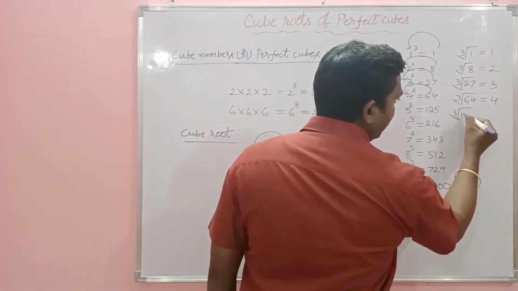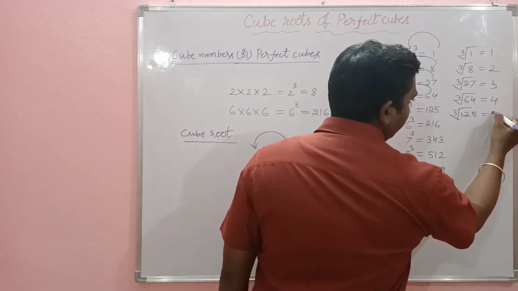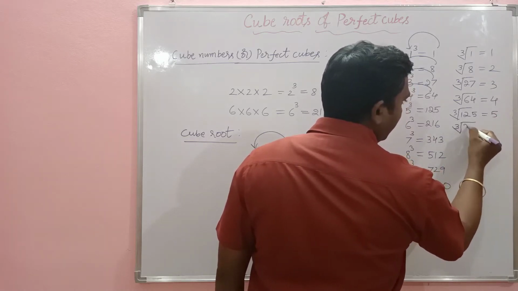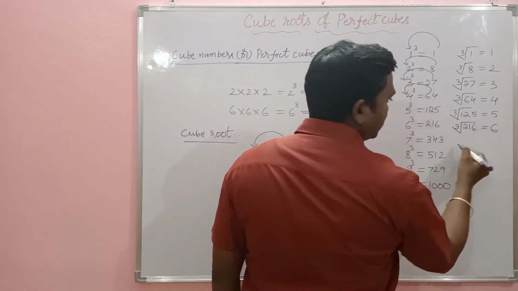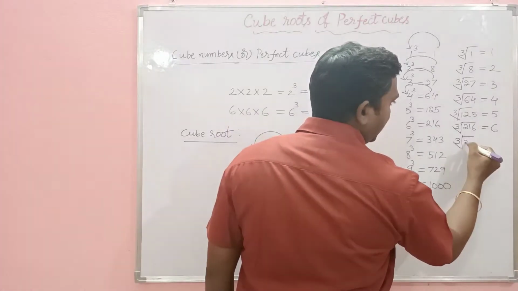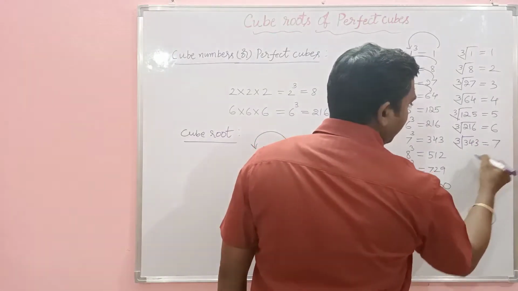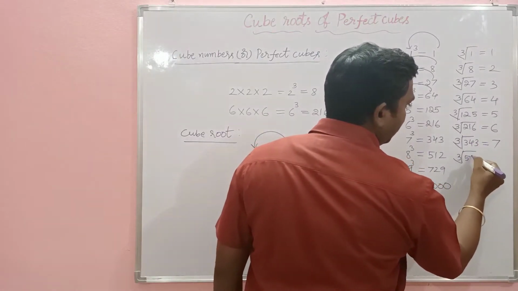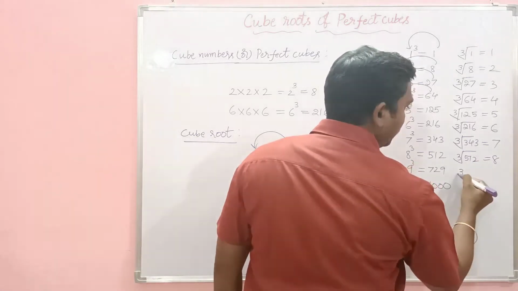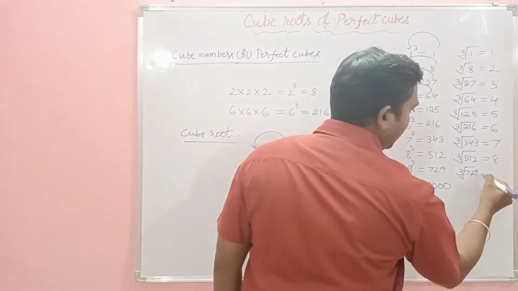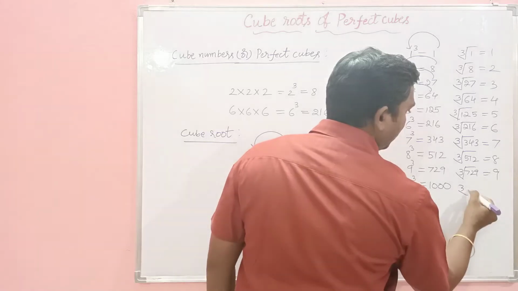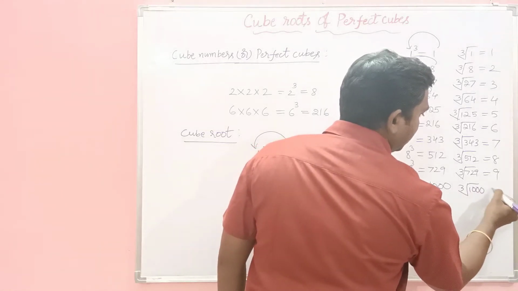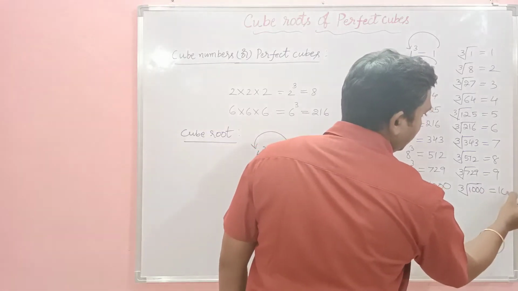Cube root of 125 is 5. Cube root of 216 is 6. Similarly, cube root of 343 is 7. Cube root of 512 is 8. Cube root of 729 is 9. Cube root of 1000 is equal to 10.